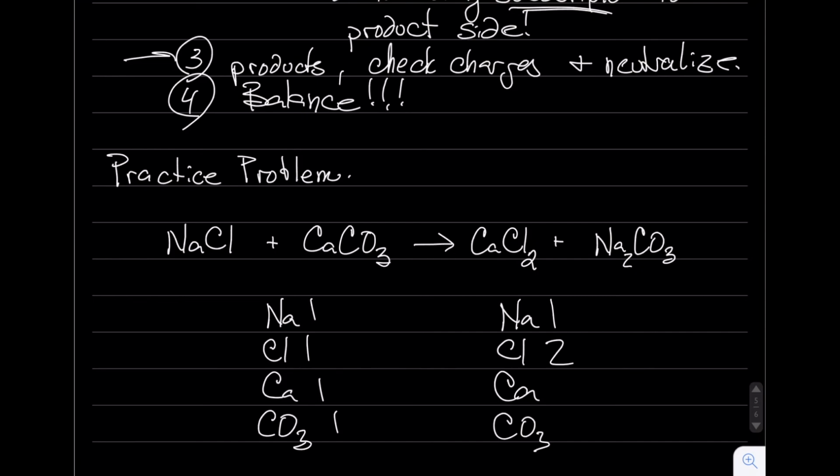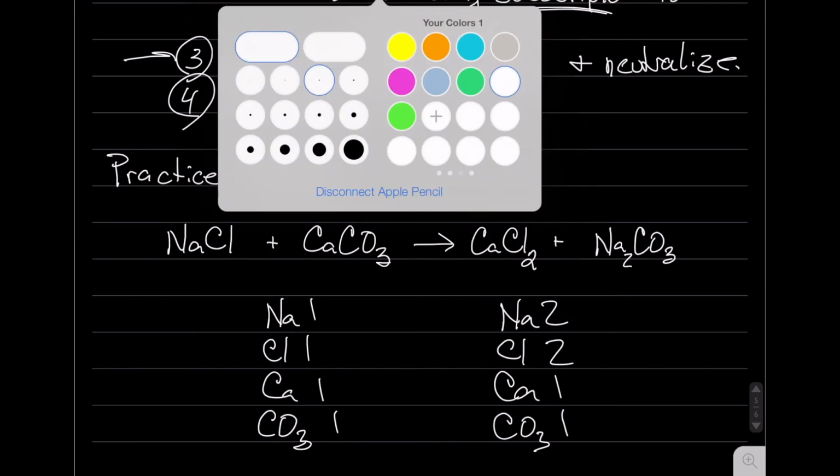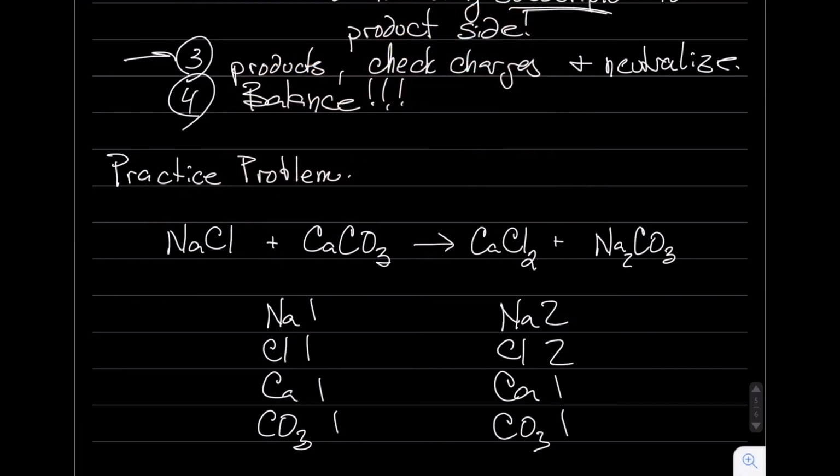No. Try that again. Hope you were shouting out at me. We have 2 sodiums, 2 chlorines, 1 calcium, 1 carbonate. So we need to fix the sodiums. If you put a 2 on the reactant side in front of NaCl, we end up with 2 Nas, 2 Cls, and that's it. We're done.